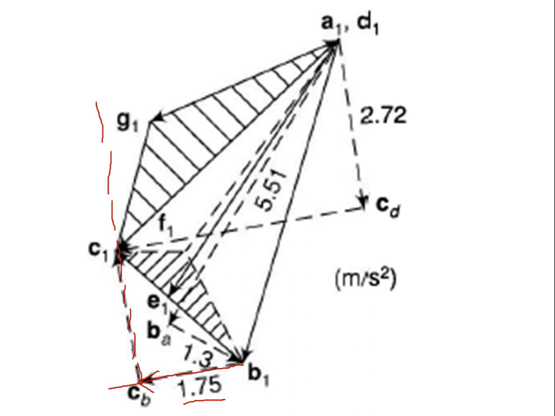Start from D now, D1. So this is the initial point D1. Now from D1 to CD, it is 2.72, and you take it parallel to CD.